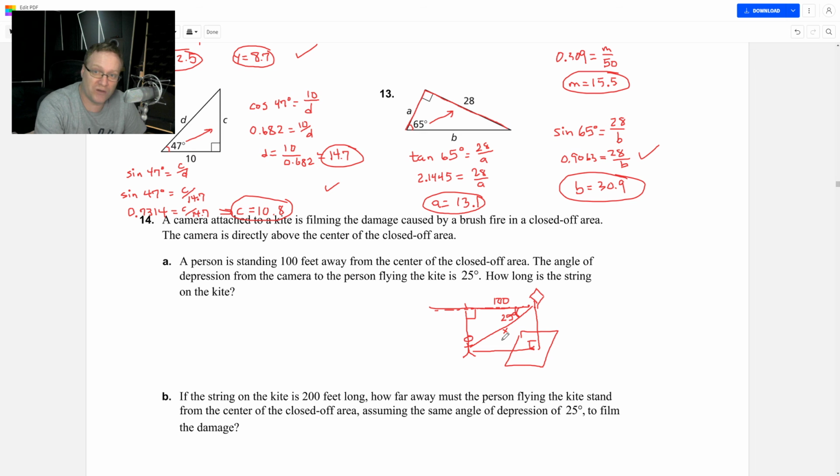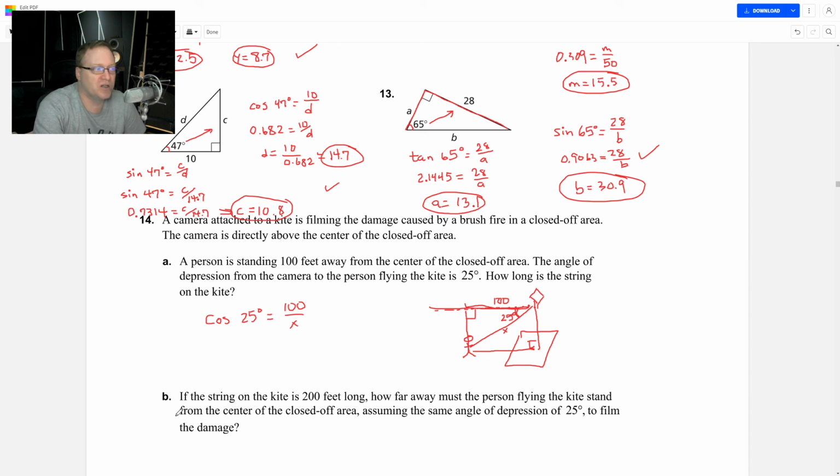What can we use? The cosine. Remember, the cosine is the adjacent over the hypotenuse. So we know that the cosine of 25 degrees is going to have to equal the adjacent side over the hypotenuse. So 100 over the hypotenuse, which is x.